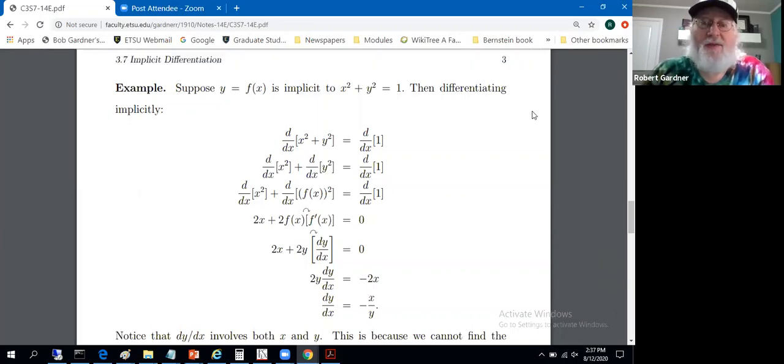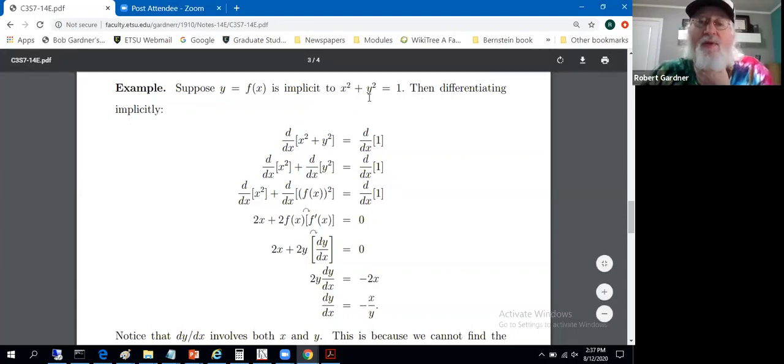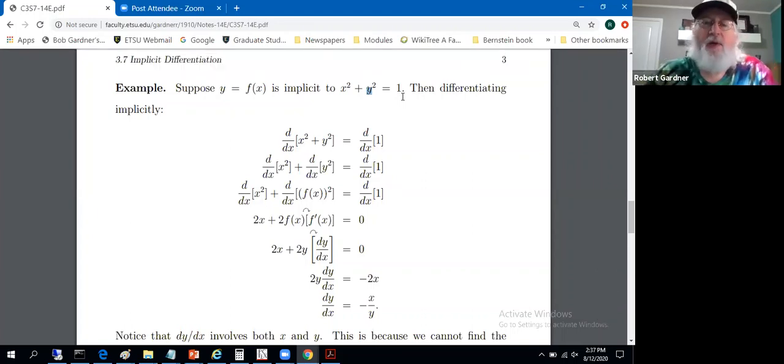Find dy/dx is the plan, and here we have it down here. So we'll have to differentiate implicitly, because when we say x squared plus y squared equals 1, we've got x squared plus f of x squared equals 1, and that's a composition of functions of x.